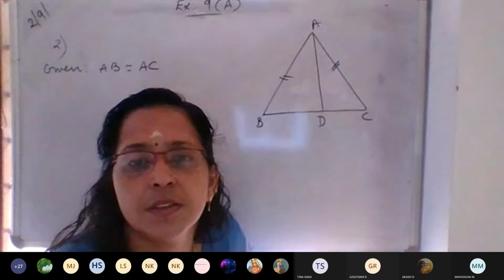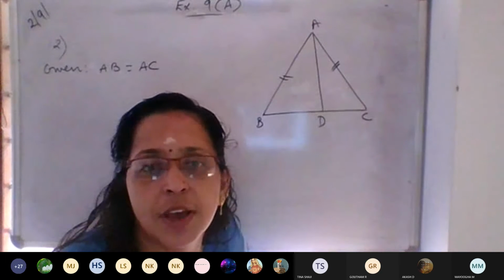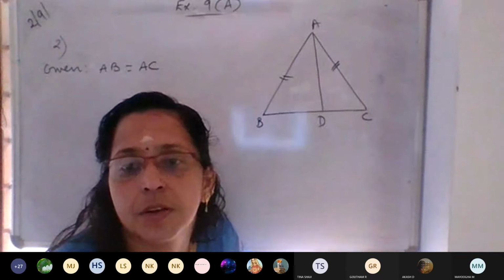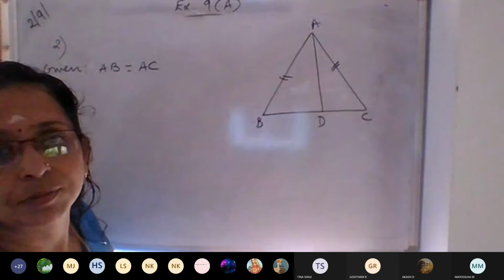Anyone have any doubt in this type of questions? How to take a given to prove? Please raise your hands. No one? Okay. Gautam, what is your doubt? Tell me.